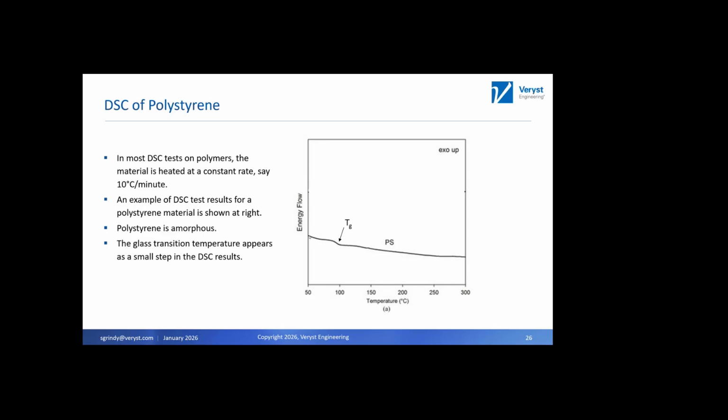What happens when we heat up the sample of polystyrene is we see this little step in the heat flow curve at about 95 degrees Celsius. That's indicative of the polystyrene's glass transition temperature. So for amorphous polymers, this is as big a feature as you're going to see, or really the only feature you should expect to see on your DSC trace.